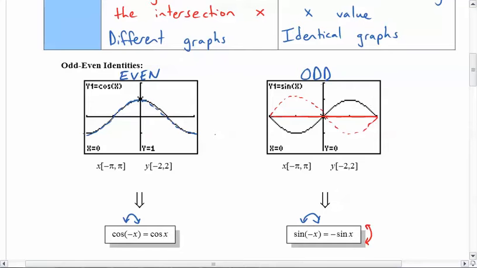And if I reflect my graph using the y-axis as a mirror, so the right becomes the left and the left becomes the right, well, those two graphs are exactly the same. So sine of negative x and negative sine of x are the same. So if you graphed cosine of negative x, you get the blue line. It's the same as the black one.